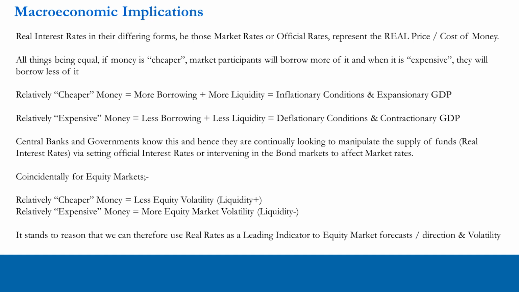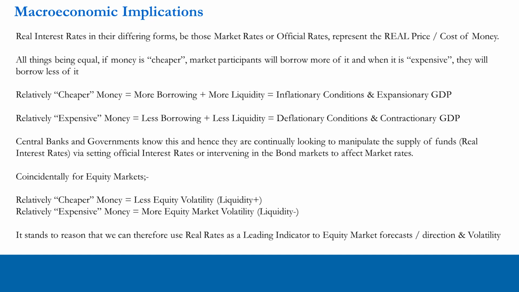Well, real interest rates, whether it's market rates, official rates, they represent the real price or cost of money. All things being equal, if money is cheaper, market participants will borrow more of it. And when it's expensive, they will borrow less of it. So let's get this down.